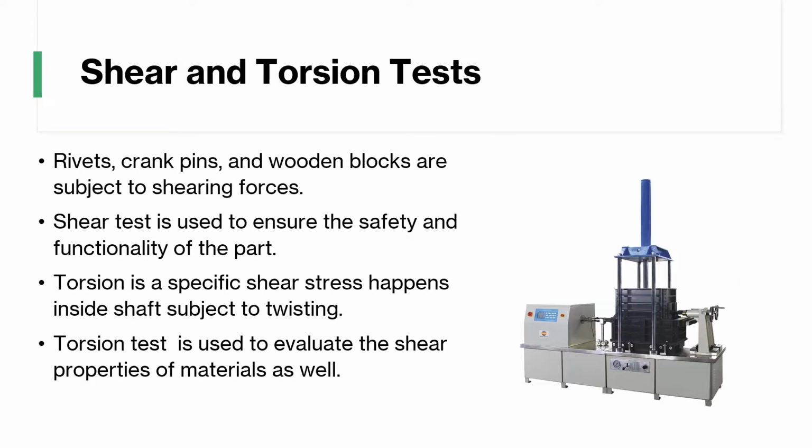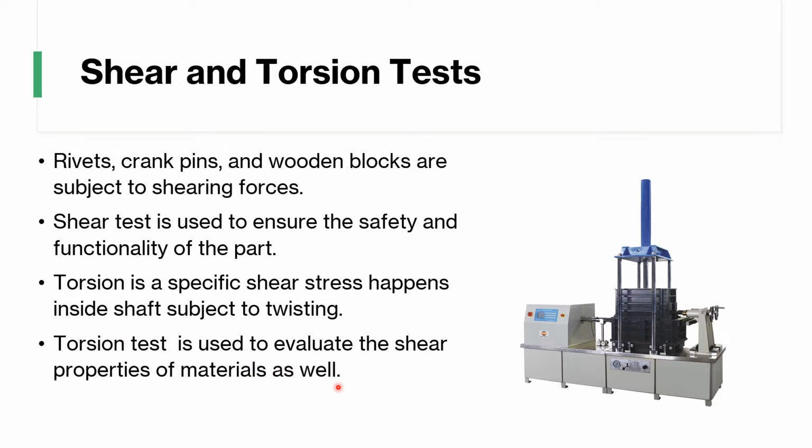Alright, the next tests are shear and torsion tests. We have rivets, crank pins, and wooden blocks. They are all subject to shear forces. When we do shear tests, we're trying to make sure the material is safe and functional for that part. Torsion tests are a different thing.